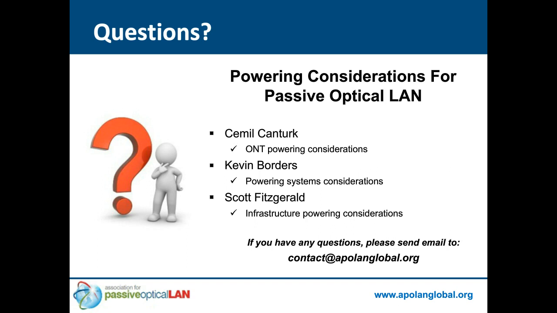Now, if it's an enterprise, an office building, that may not be a big deal. But if you're in a hotel or a classroom or someplace where you have the general public, then it can be a big deal because, take a hotel room, somebody unplugs the device so that they can charge their phone or use something there, and what you end up with is you lose your service.